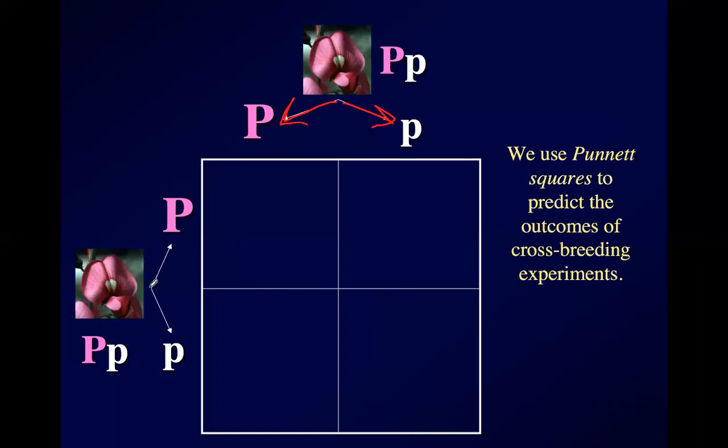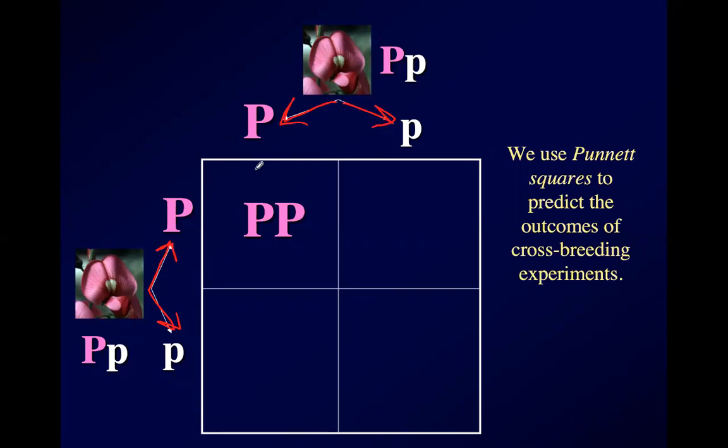This pea plant over here can pass on either its dominant purple allele or its recessive white allele, never both. So we put those two options at the left of the rows, and then we fill in down and across.